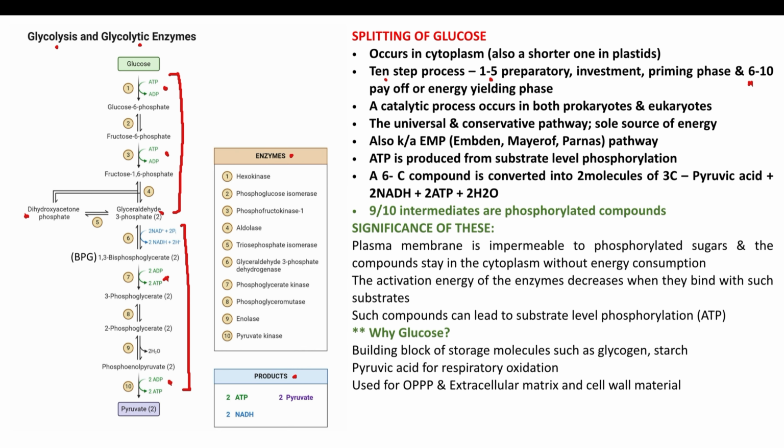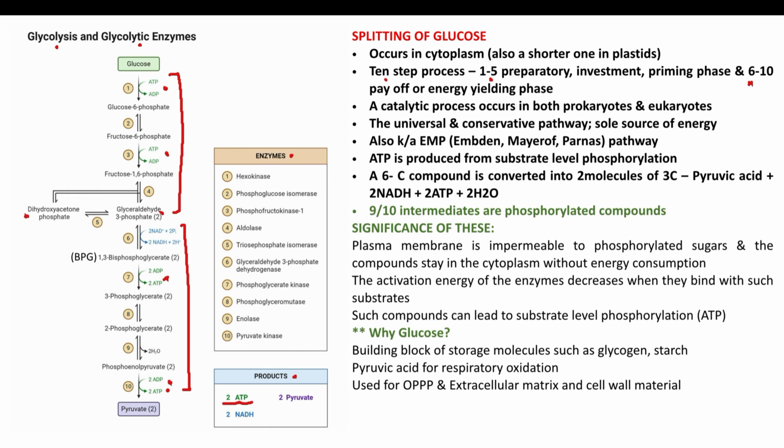You get more energy. You get 4 molecules of ATP produced by the end of 10 steps. Since we have consumed 2 in the first phase of glycolysis, the net gain is only 2 molecules of ATP.